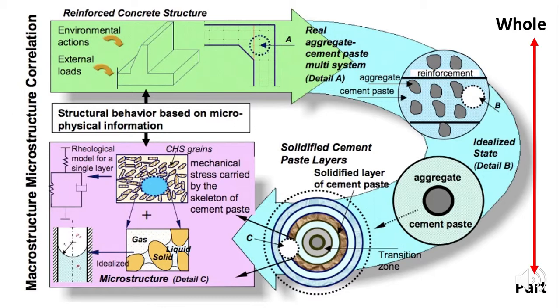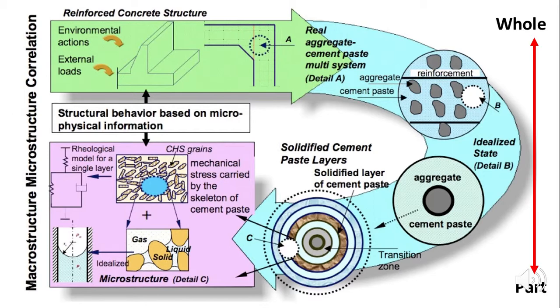In other words, if we understand how this structure behaves, then we can tell how the various small components of concrete are contributing to that. So we can now adjust, for example, the ingredients and study the behaviors of the bigger structure.